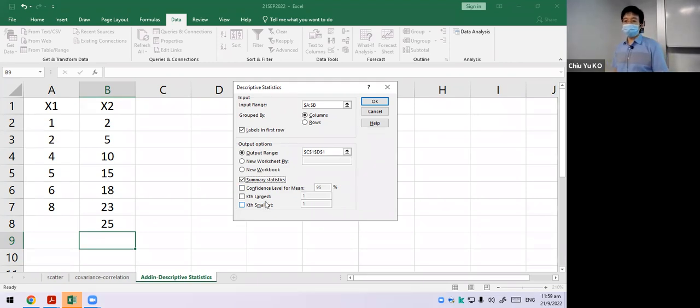Just telling you that if your data is long, it tells you what the maximum and minimum are, right? If you look at first largest and first smallest, then it's just looking for outliers. If you put two, it gives you two largest and two smallest, and for our purpose, we don't really need that. If you want, you can have that.